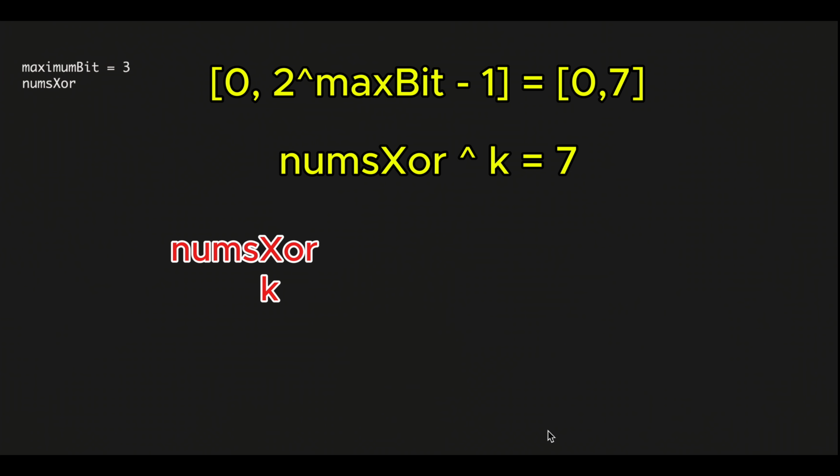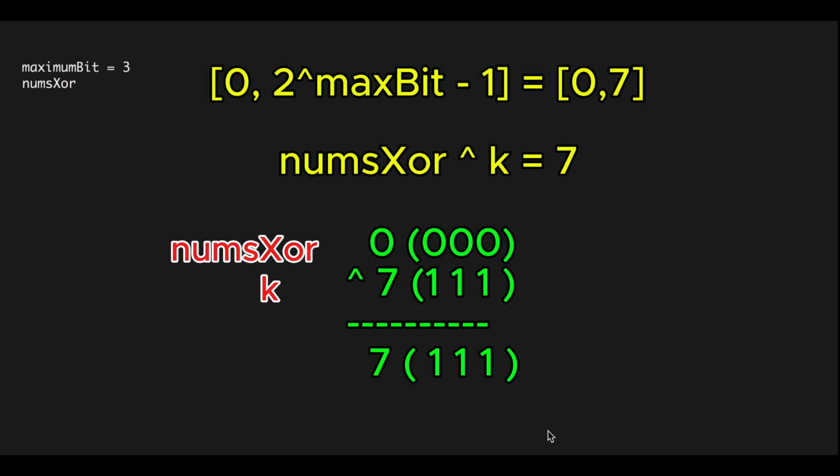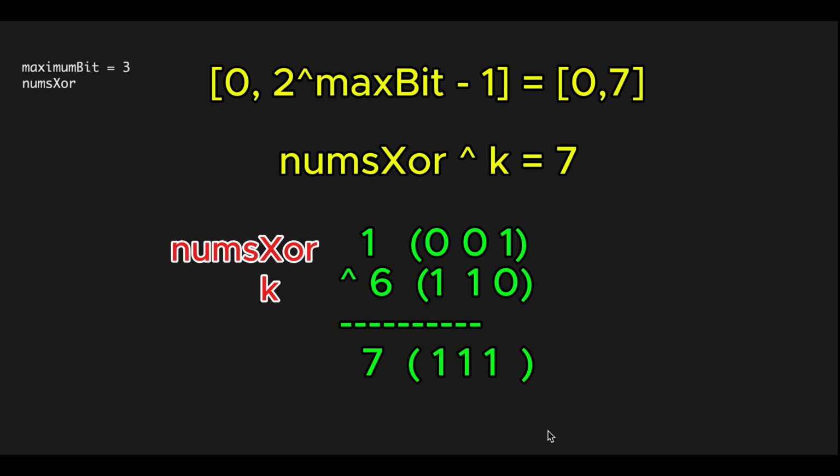So now let's take some cases. Let's say num XOR is equal to 0. Then to maximize the result, k should be equal to 7 because 0 XOR 7 is equal to 7. Similarly, if num XOR was equal to 1, k should be 6 because 1 XOR 6 is equal to 7.